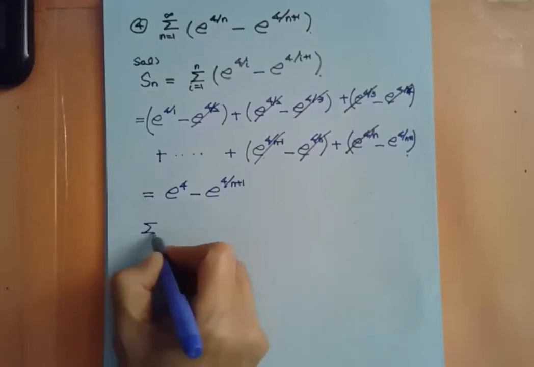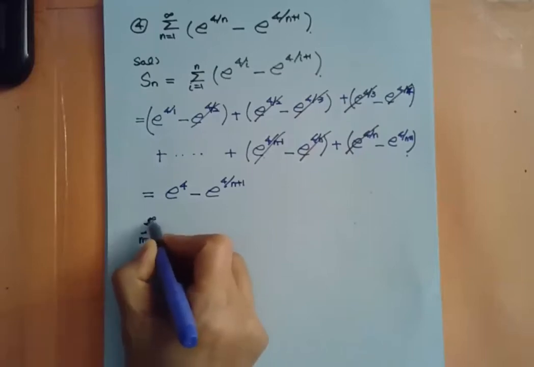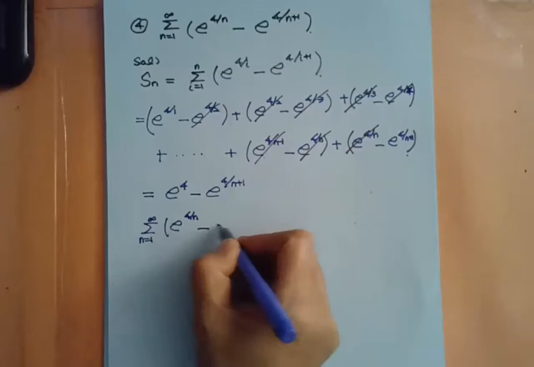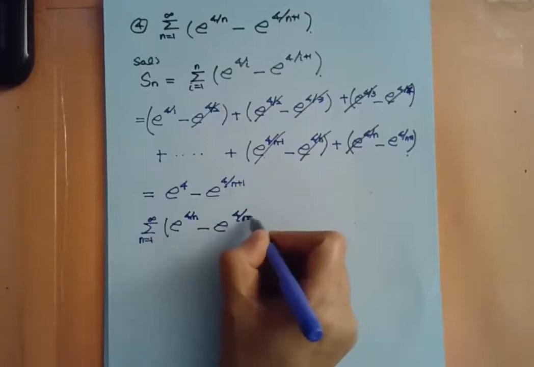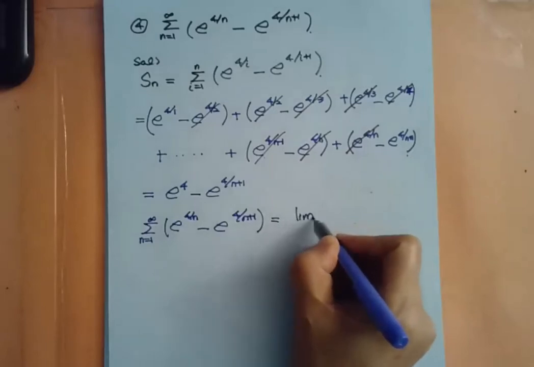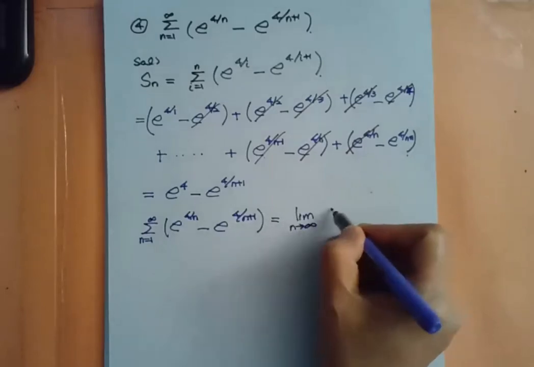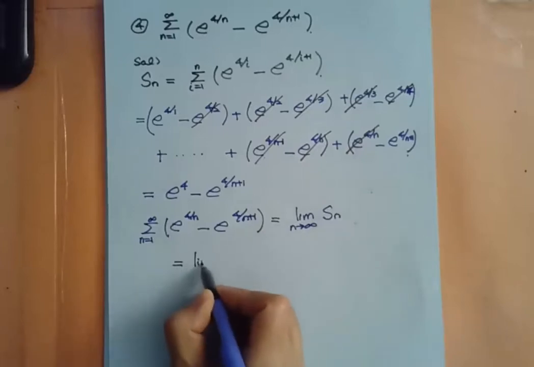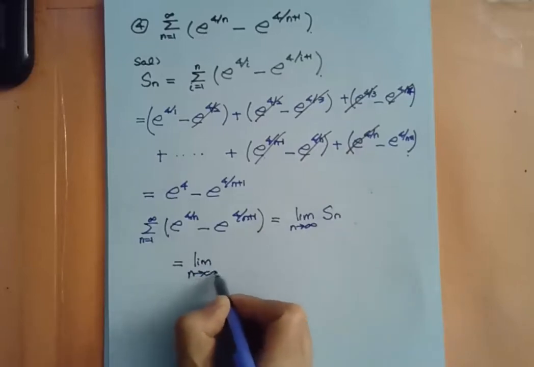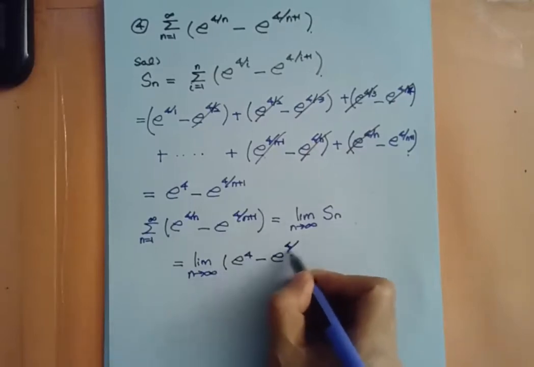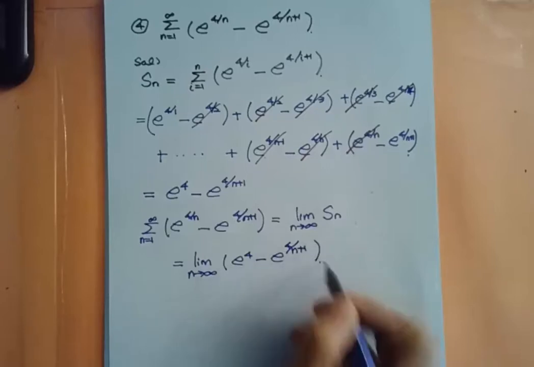So to evaluate the sum from n equals 1 to infinity of e to the 4 over n minus e to the 4 over n plus 1, we calculate the nth partial sum, and then take the limit as n goes to infinity of e to the 4 minus e to the 4 over n plus 1.